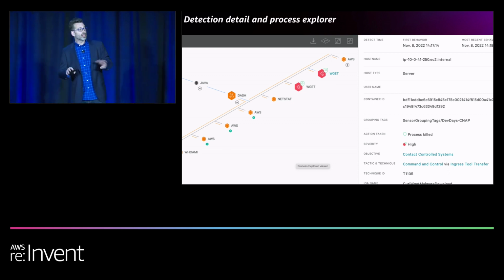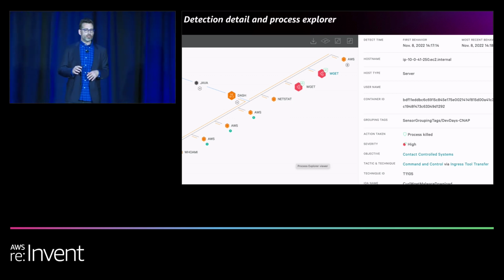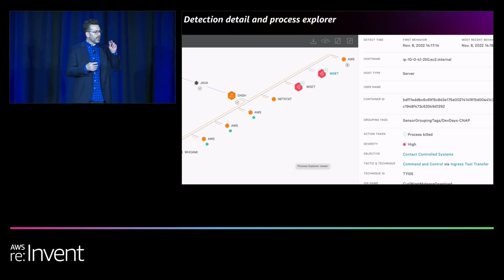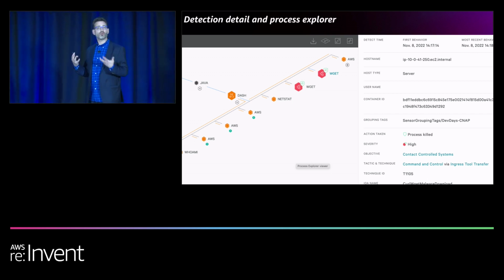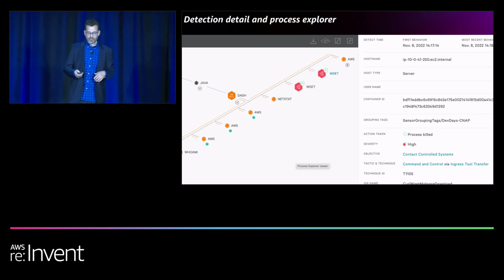On the left, we provide a visualization of the process tree. So you can see exactly where the attack took place. You can highlight any of these processes to get information about it and the disposition of those processes.